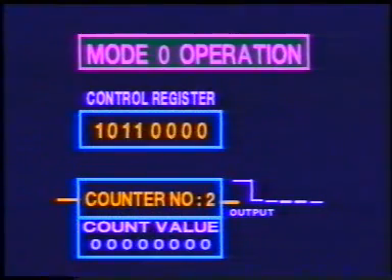When the number of pulses counted equals the count value, the output goes high. This mode can be used to generate specified time delays. The output signal may be used to interrupt the CPU.